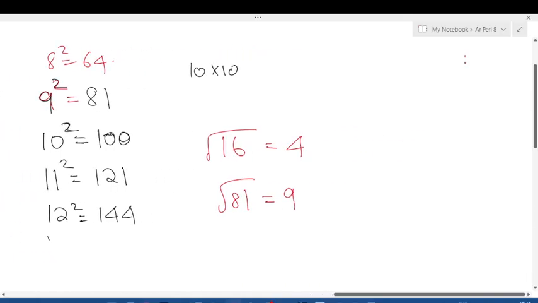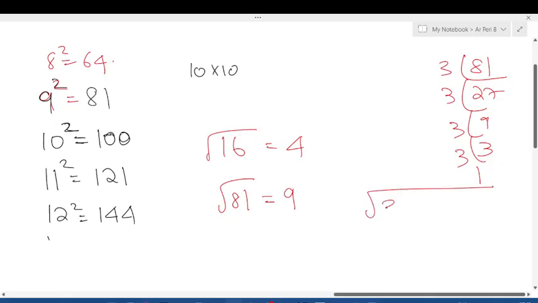Okay, see, 81. 3 into 27. 3 nines are, 3 threes are, 3 ones are. If you factorize 81 using 3, you'll get 3 four times like this. And what's the rule? How many numbers do you have to pair, students? Two numbers like this.